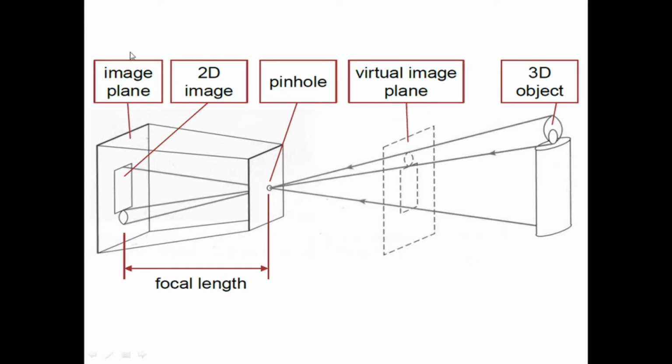I will have my image plane here, where I can see a 2D inverted image. This is my 3D object present in the environment. Before the light rays penetrate through the pinhole of the camera, there will be a virtual image. How the object appears in the 3D scene, the same thing can be visualized in the virtual image plane.